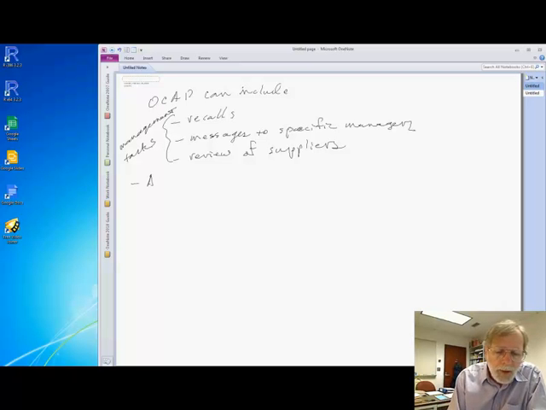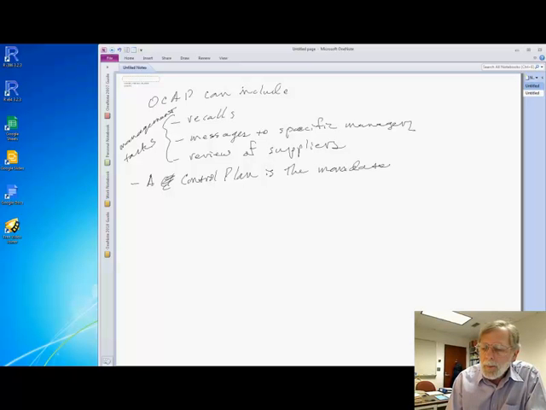A control plan is the mandated way to run a production process.